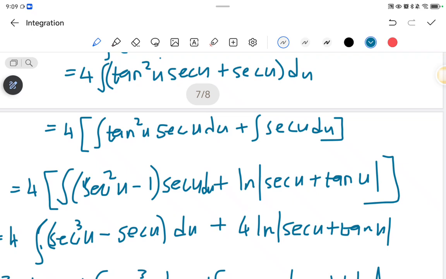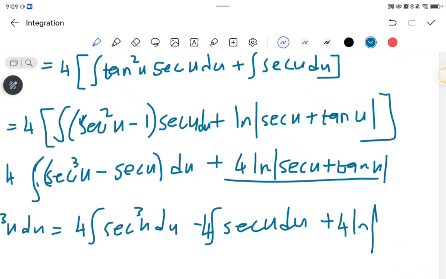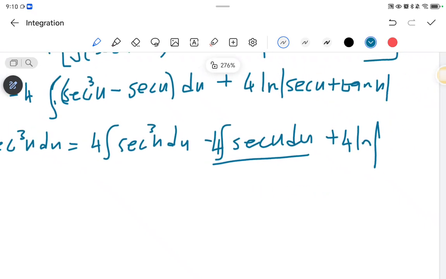And then from here you multiplied it through, and we get sec cubed u du, while we multiply the 4 inside, and then we come here to say this equals 4 sec cubed u du minus this, and then plus the sec.